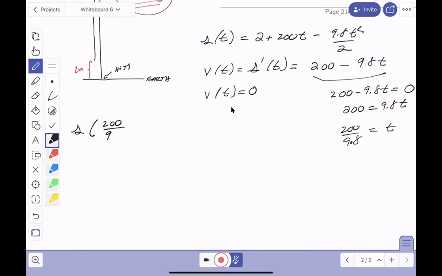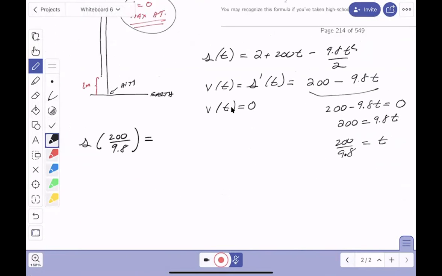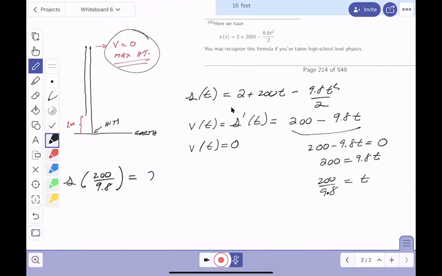Now, if this is an exam question, what you should do is at least plug it in. I'll write this down for you. Or say put that over there. Minus 9.8 over 2 times 200 over 9.8 squared.